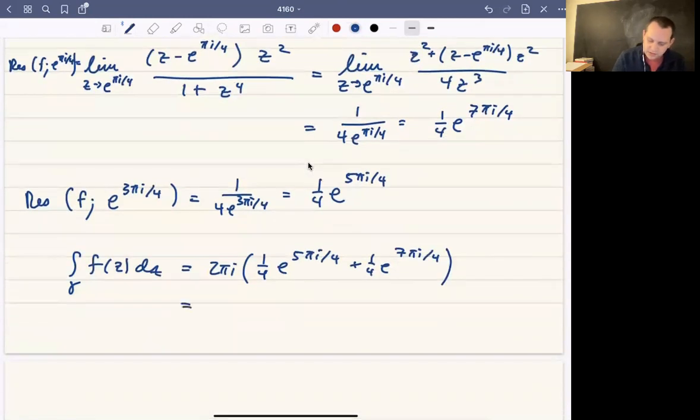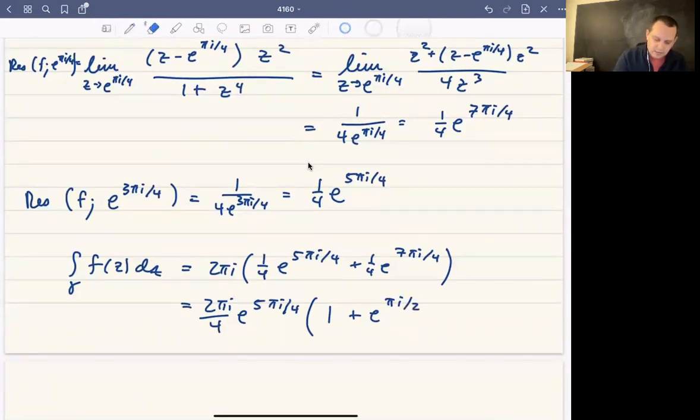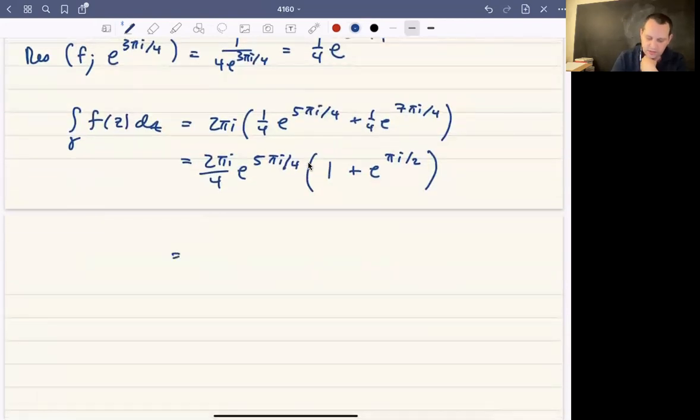And so that's going to turn out to be, we can factor out an e to the 5 pi I over 4, multiplied by 1 plus e to the pi I over 2, because it's 2/4. And so that's going to end up being pi I over 2 times e to the 5 pi I over 4, which we'll figure out in a second.